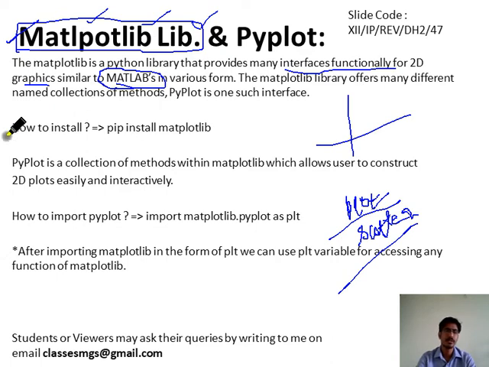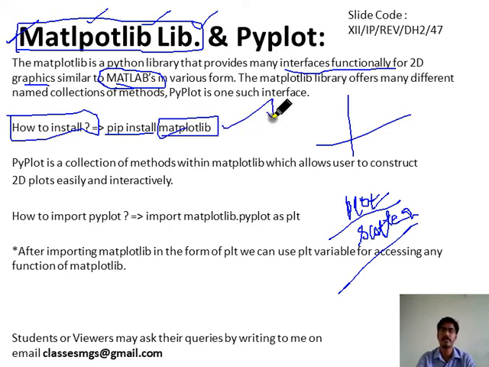So how can we install this library? As we have done for NumPy and pandas, we just use pip install matplotlib. For drawing 2D graphics, we use the pyplot module of this library.